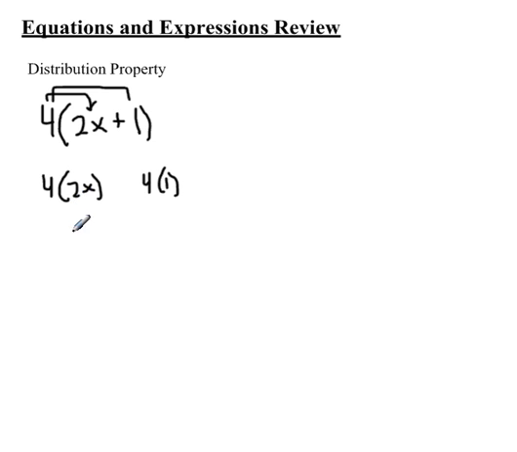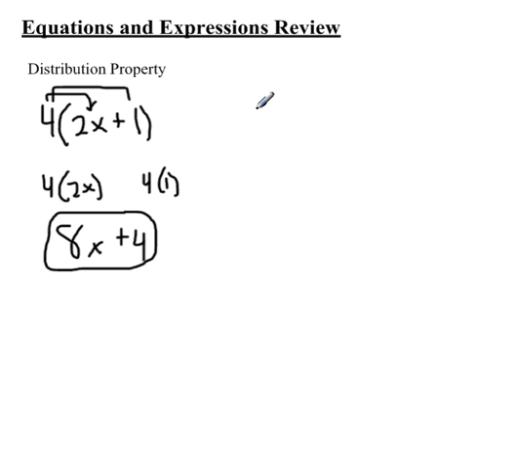So 4 times 2x gives you 8x. And since this is 4 times positive 1, it's a positive 4. And add, positive, plus are all the same thing. So don't let that confuse you. You want to avoid any double signs at all.